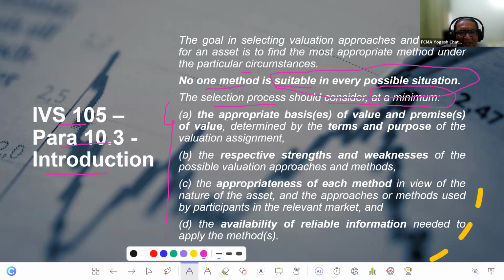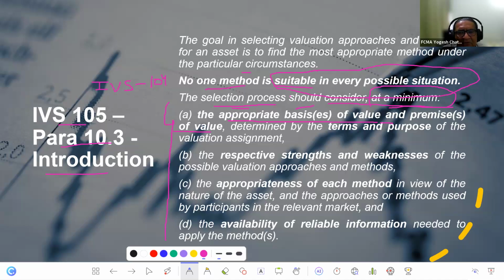At minimum, the appropriate basis of value and premise of value. In the beginning we discussed that unless the basis of value or the premise of value, going by the guidance provided in IVS 104, is selected by the valuer, we cannot determine the valuation approach or the valuation method.